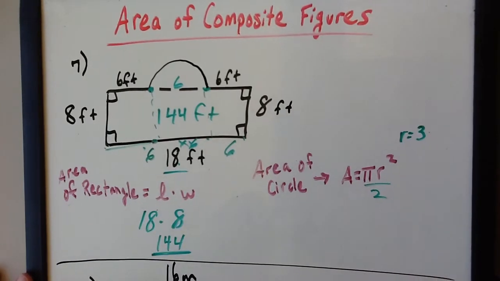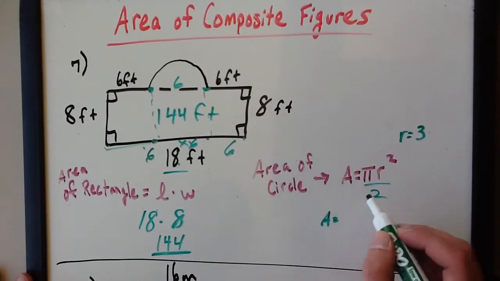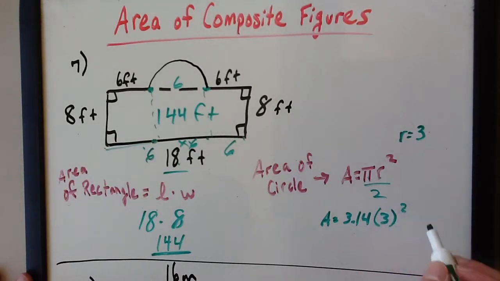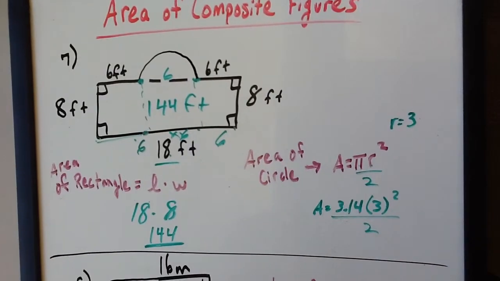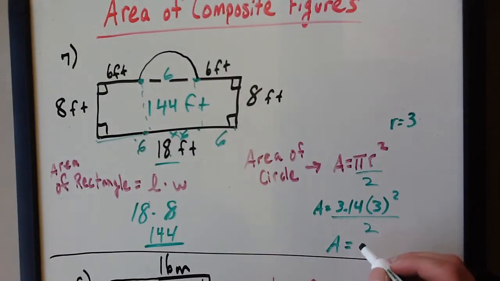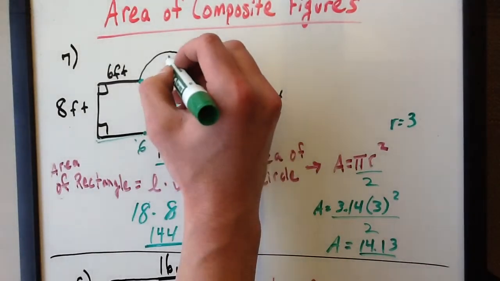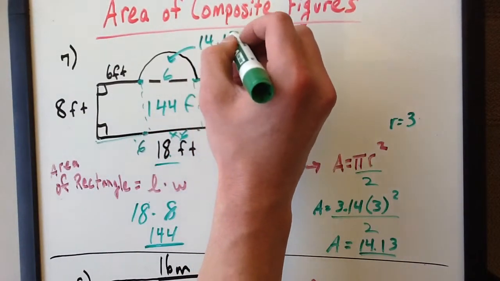All right, so let's plug in what I know. The area is equal to pi, which is 3.14, times the radius squared, 3 squared, divided by 2 since it's half of a circle. So I plug this in and the area of this half circle would be 14.13.